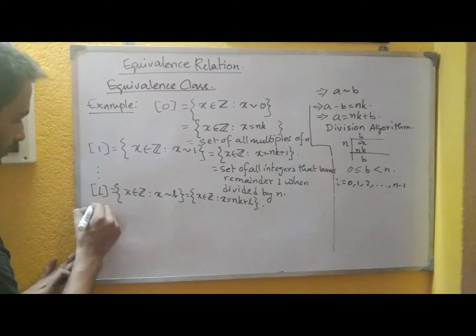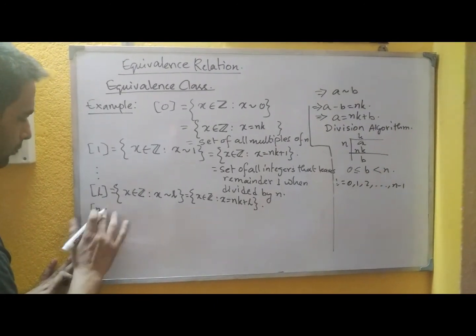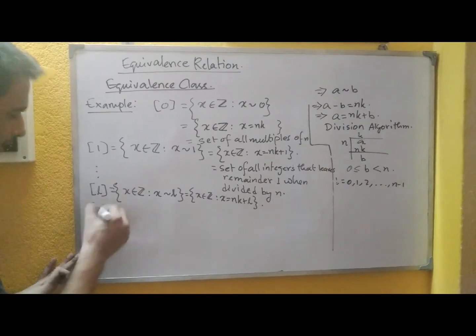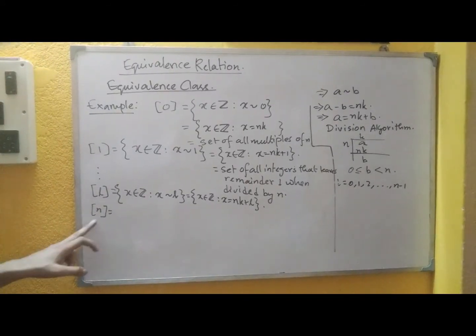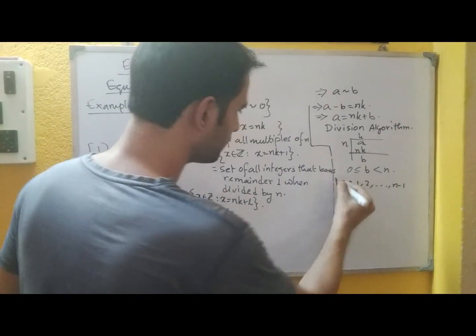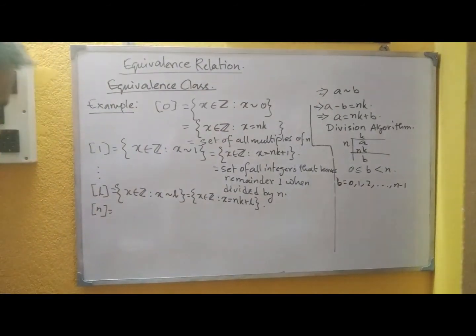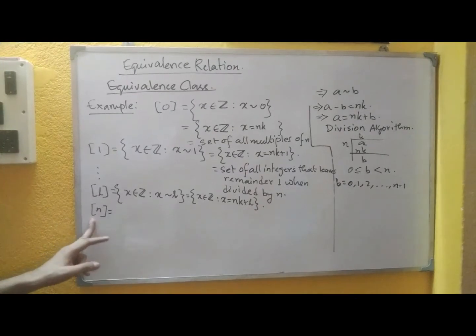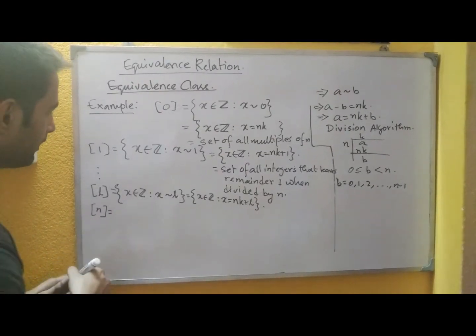Now what should be the class of n? There is an interesting thing. B has no possibility for the value n, but still suppose we are taking the class n, what will it be?